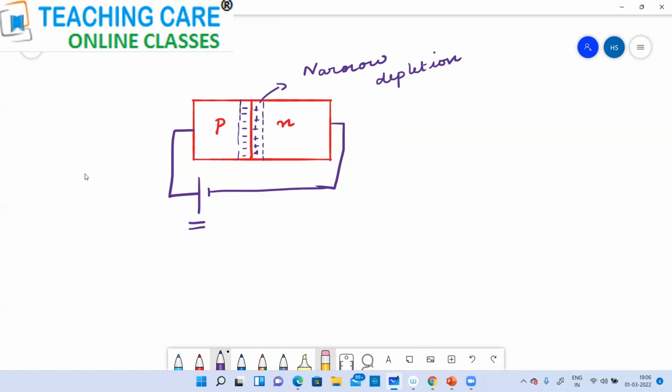Due to this, the potential drop across the junction decreases, and as a result, the diffusion of holes and electrons across the junction increases.